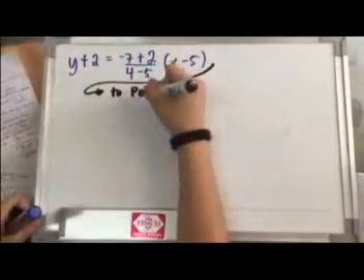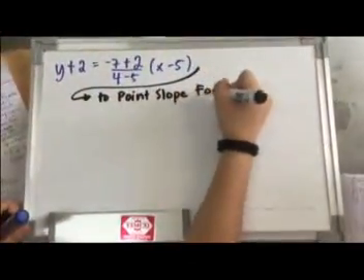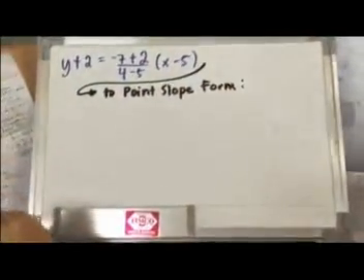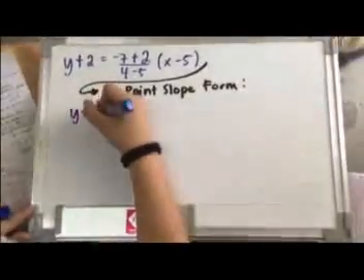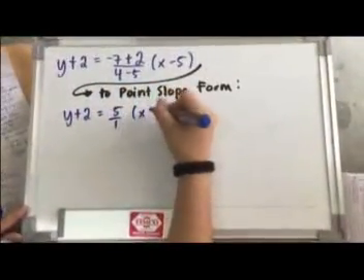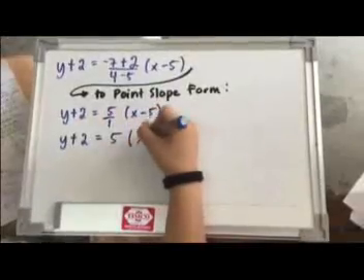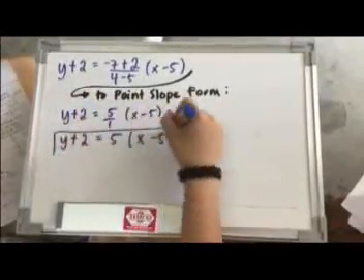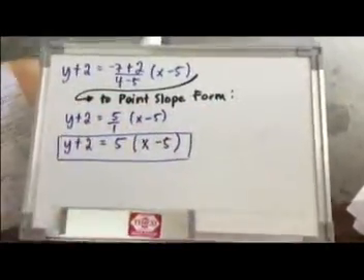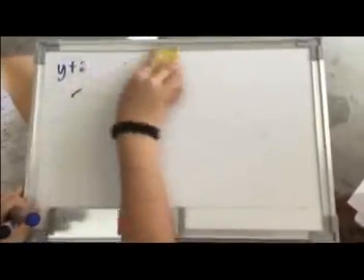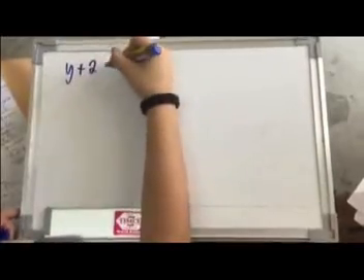Let's simplify the signs. Y plus 2 equals 5 times x minus 1. Now let's simplify it to standard form. Distribute the slope, which is 5, to the right, so it will be y plus 2 equals 5x minus 25.